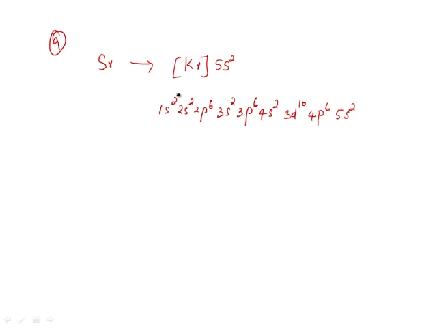So this is what we have given in square brackets as krypton, because that is the configuration of krypton. Only noble gases are used in abbreviated configurations. Remember that. Okay. Any short questions? All right. Then we will stop right here.